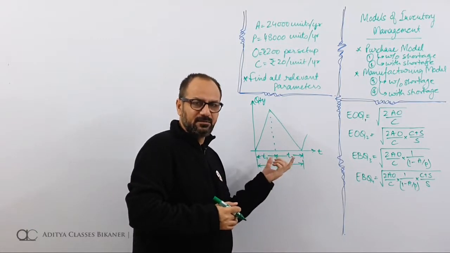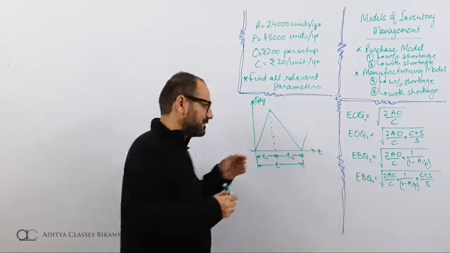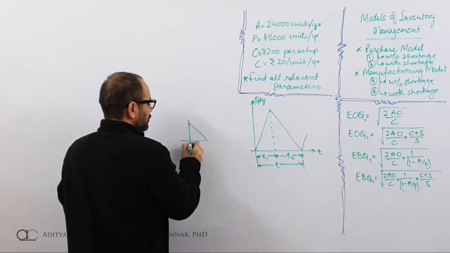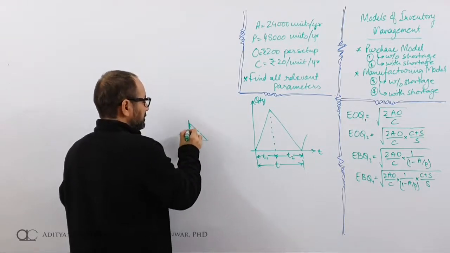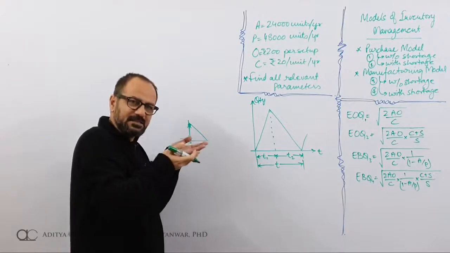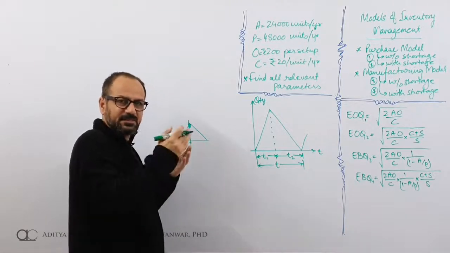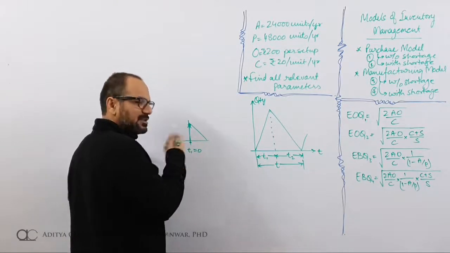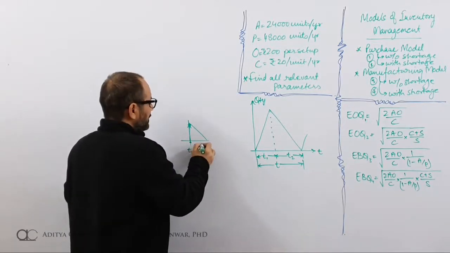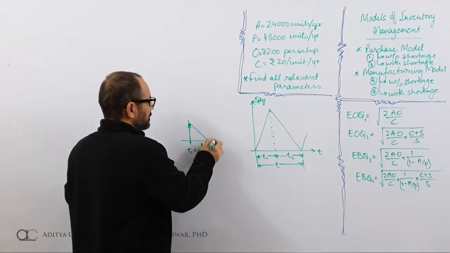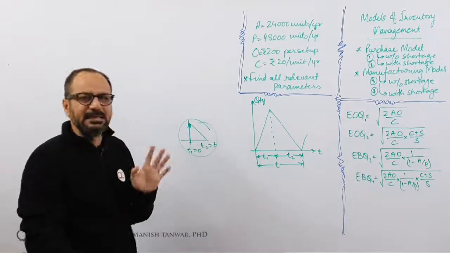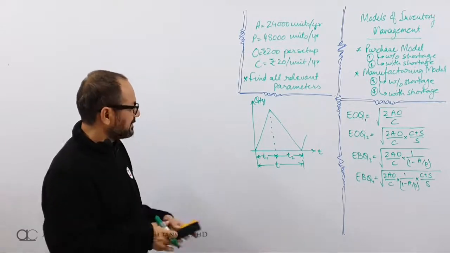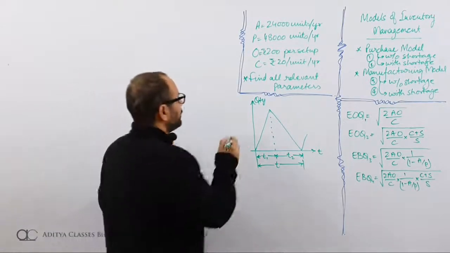There was no T1, T2 because there was instantaneous replenishment, which means you get your inventory immediately. So there is no going up phase. The increasing phase is absent. So T1 is as good as 0, and if T1 is 0, then T2 becomes equal to T. In the previous model, we had only T, with no mention of T2. But in this case, we will have T1 and T2.